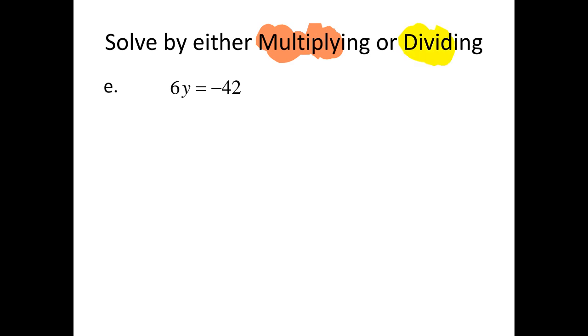Well, look at the side that has the variable. What is putting the number and the variable together? Multiply. So we are doing the opposite, which is to divide.